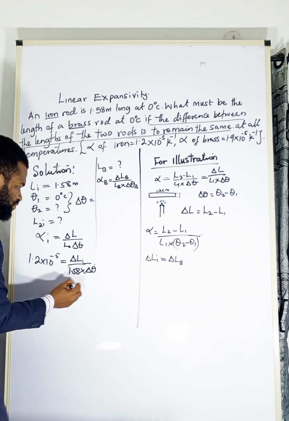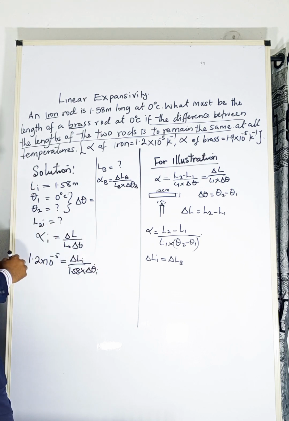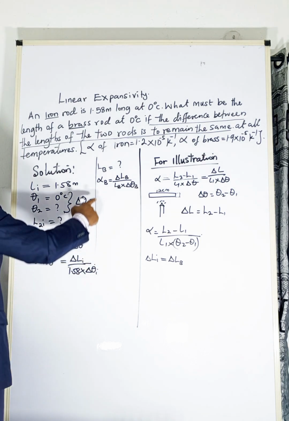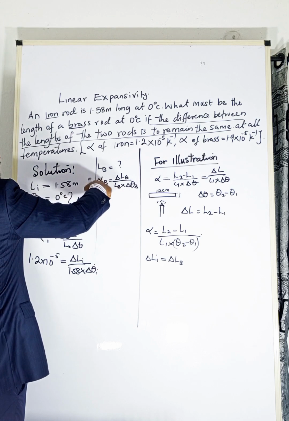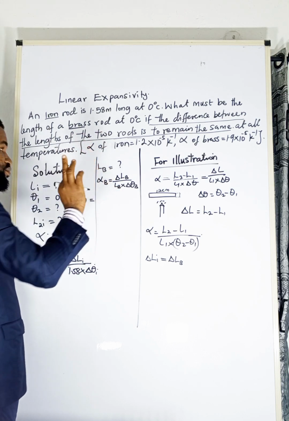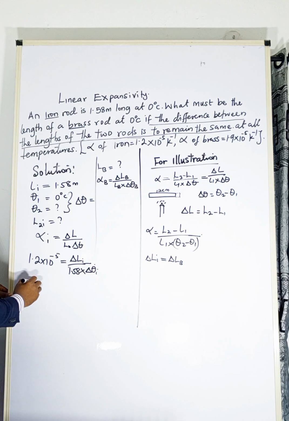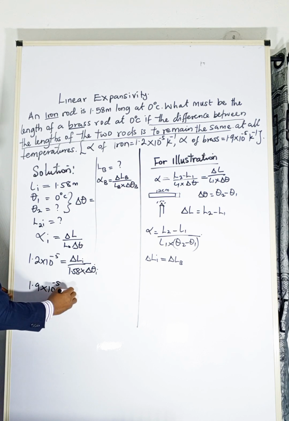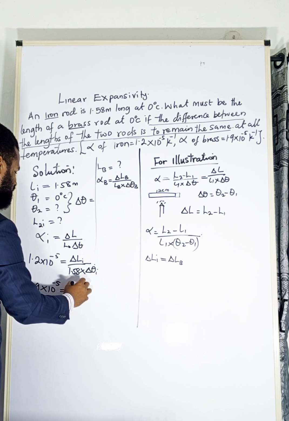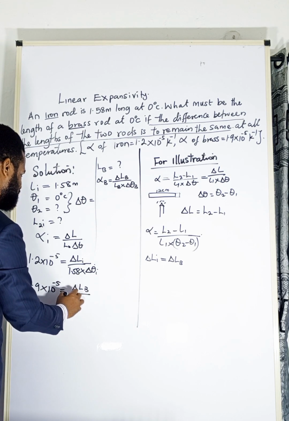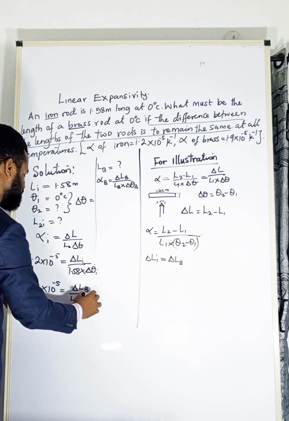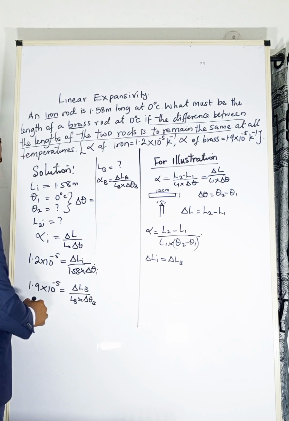Because this one is the change in temperature for iron. Now I'm going to put the values for that of brass, because we are looking at the two metals. So this is going to be 1.9 times 10 raised to the power minus 5 is equal to the change in length for brass all over the length of brass times the change in temperature for brass.